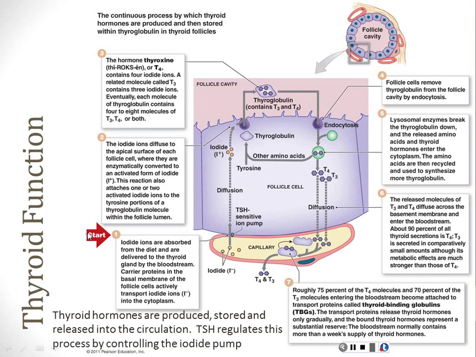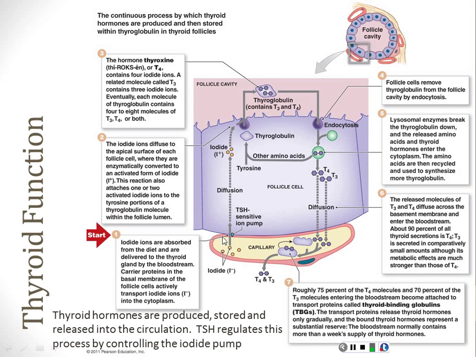So you obviously start where they say start. All right, so what are we looking at? Here's a capillary. Here is a thyroid gland cell. And here is that follicle cavity, right, where that thyroglobulin is. So we have a path into that follicle cavity, and then we have a path back out into the bloodstream. Okay.